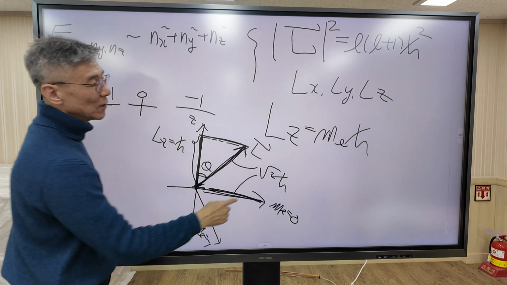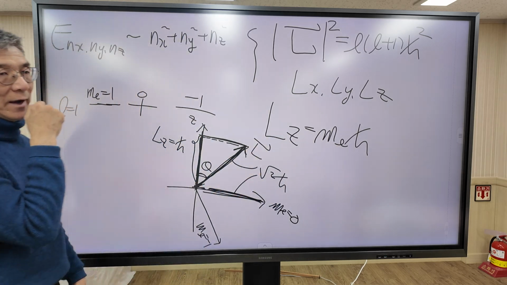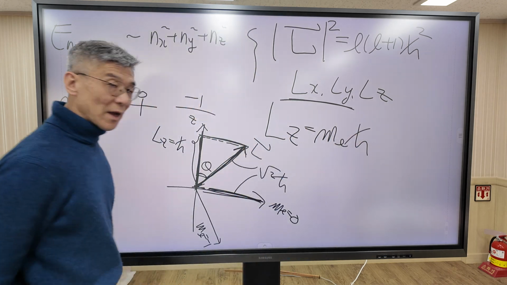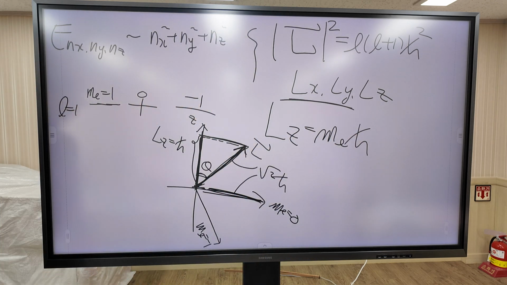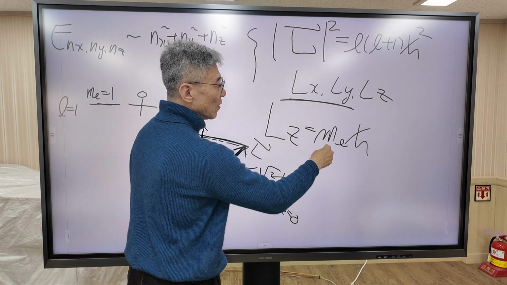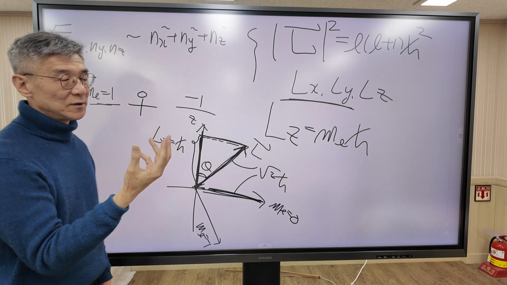Now, once you know the ML quantum number, you can determine the z component of angular momentum. Then what happens to Lx and Ly? If you know the ML quantum number, all the information on Lx and Ly is lost.